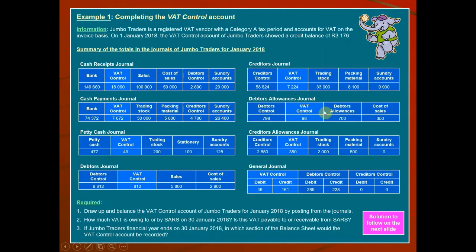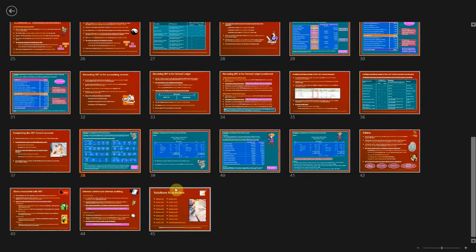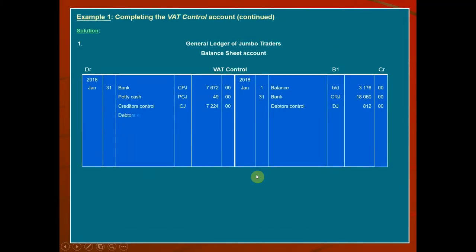This is also actually our VAT adjustments, so we will have to debit our VAT control account as we owe SARS less. So debit VAT control account, and we have to credit another account, namely debtors control, as debtors owe us now less.